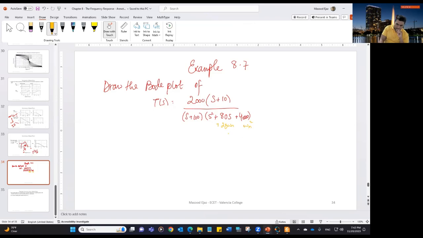So 200 times 2 is 400, and 400 times 0.2, since I took zeta to be 0.2, is 80. Okay, so let's see, this transfer function is given to you, and we can write this down.